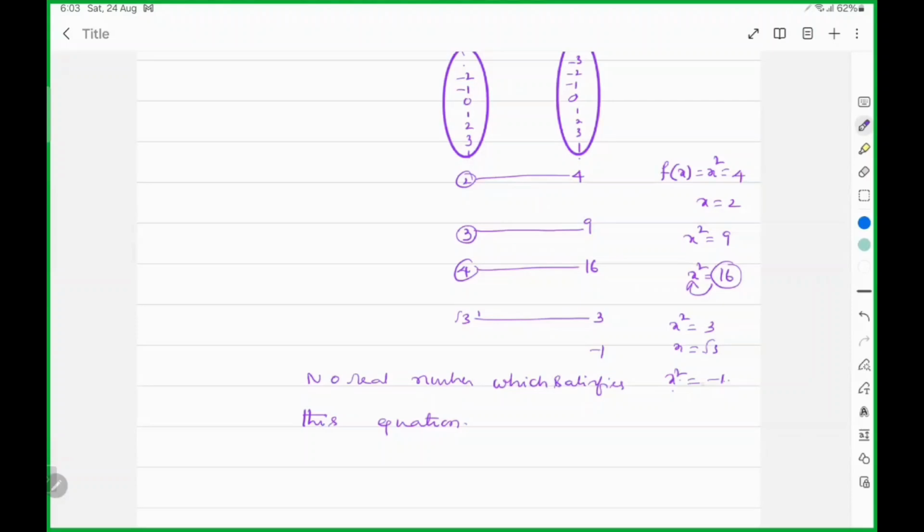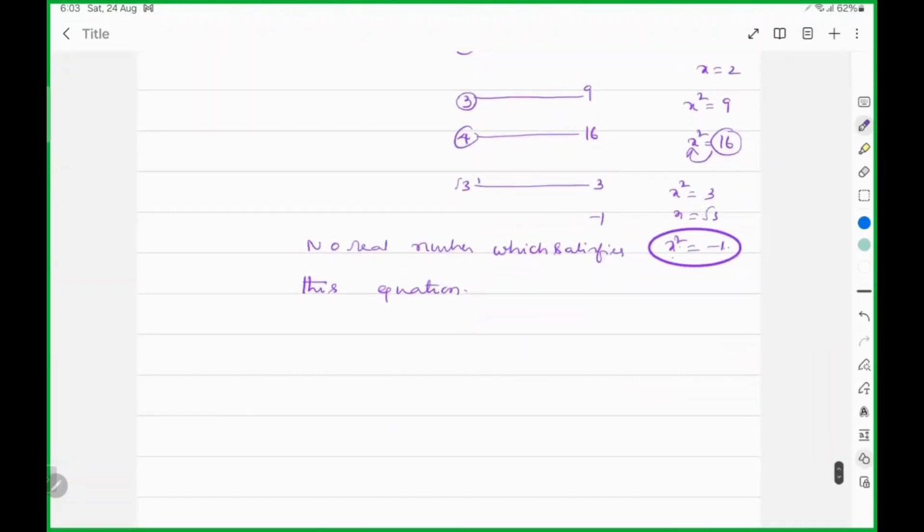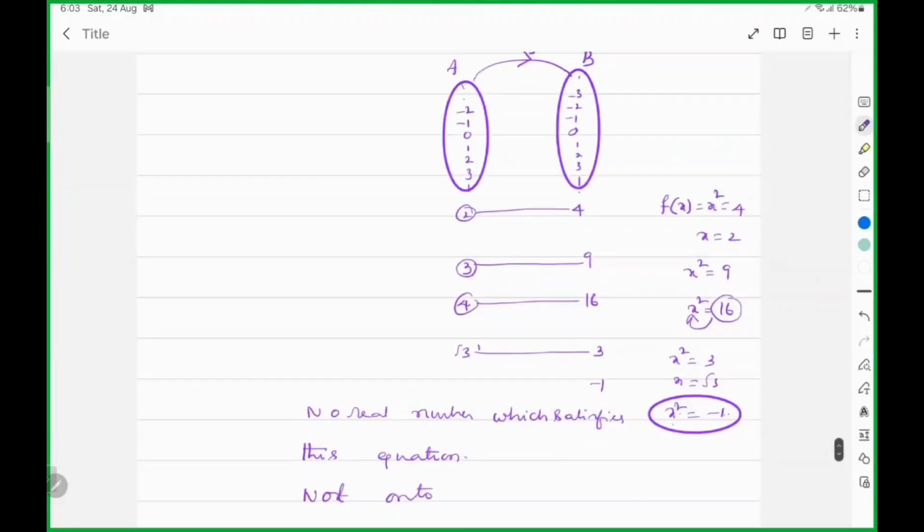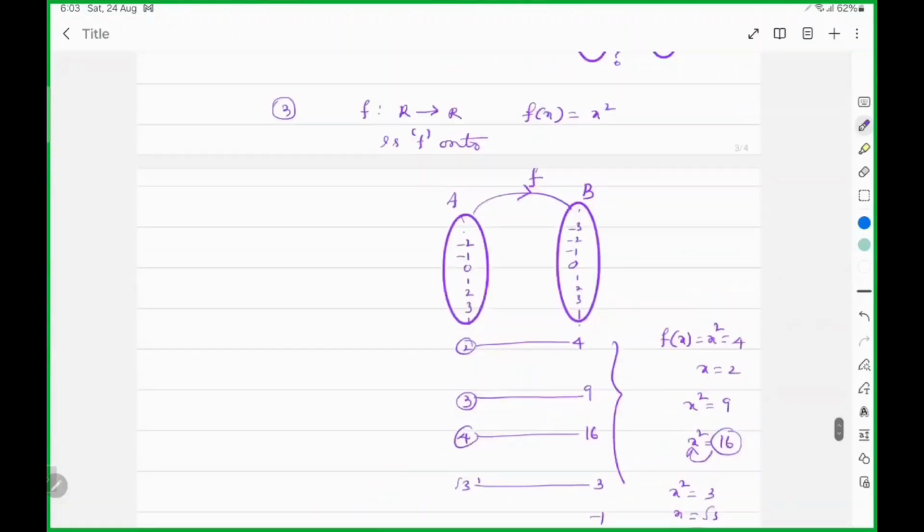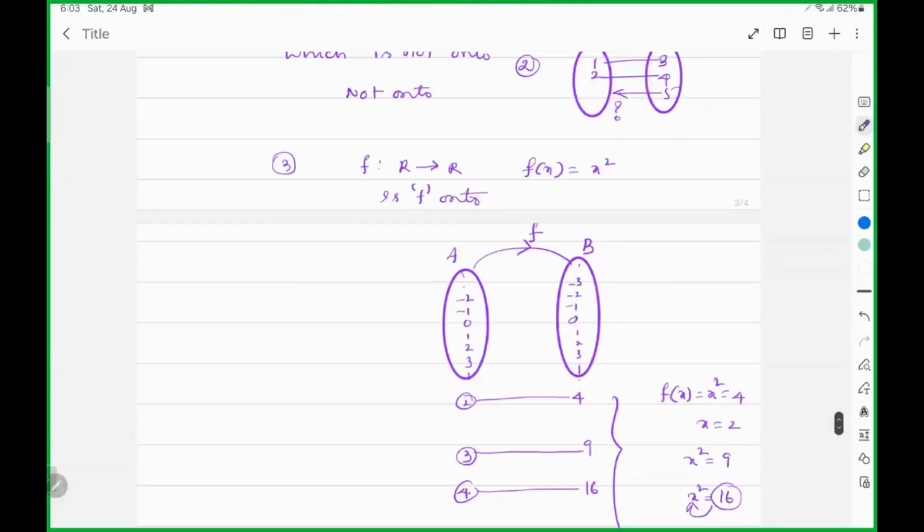There is no real number whose square is -1. That means this function is not onto. Suppose there are 100 elements, for 99 elements there are pre-matches. For one element there is no pre-match, we say it is not an onto function. So many elements here have pre-matches, but all negative numbers in this example are not having pre-matches. So therefore it's not an onto function.